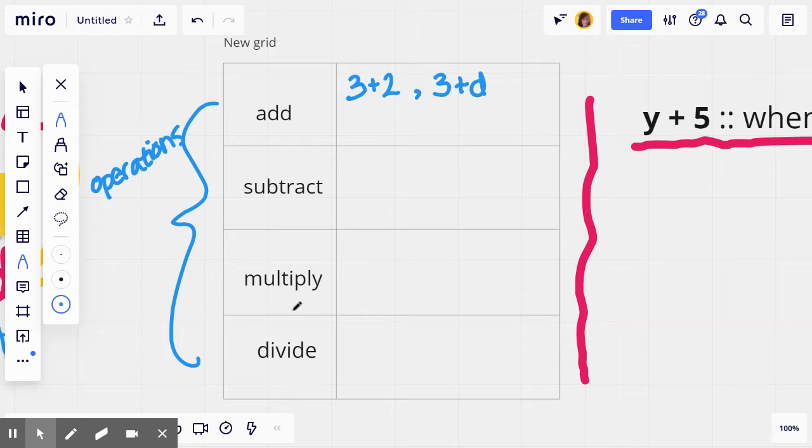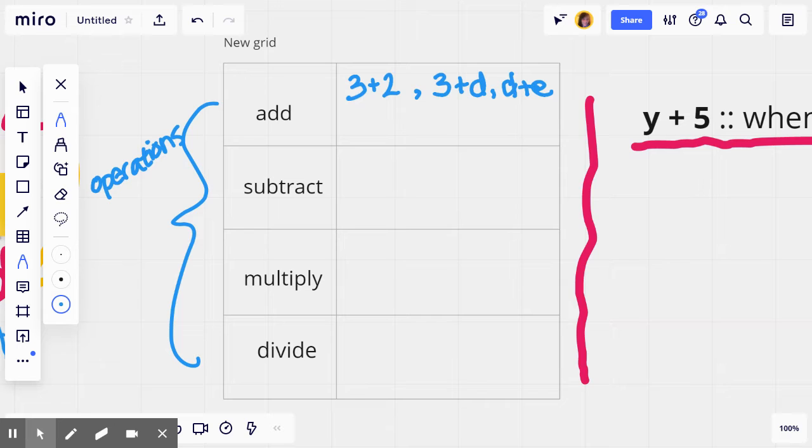And we would do the same thing if we have two variables. So we might have D plus E. Basically, unless you see a plus sign, you're not adding. So if you're asking yourself, what am I doing here? What does this mean? If you see a plus sign, that means you're adding. And if you don't see a plus sign, you're not going to be adding.